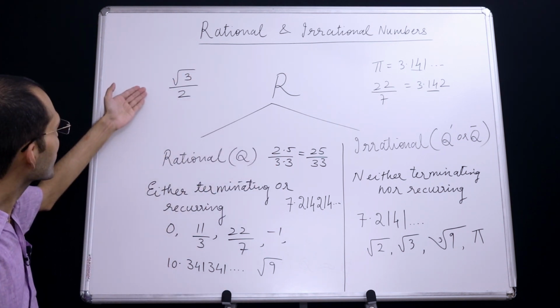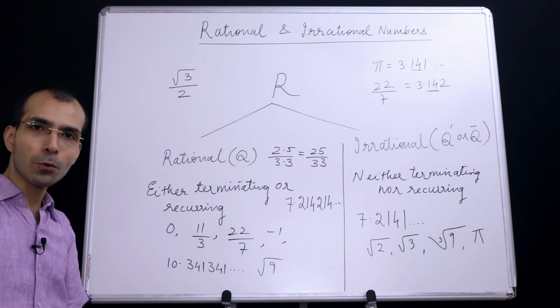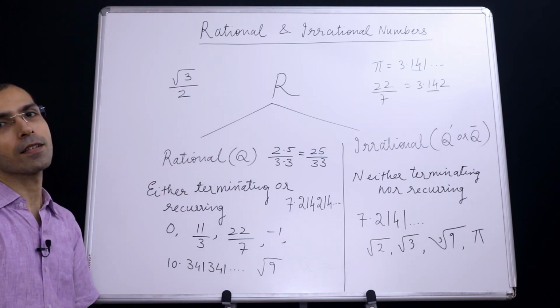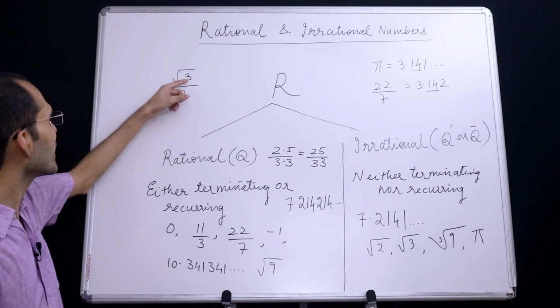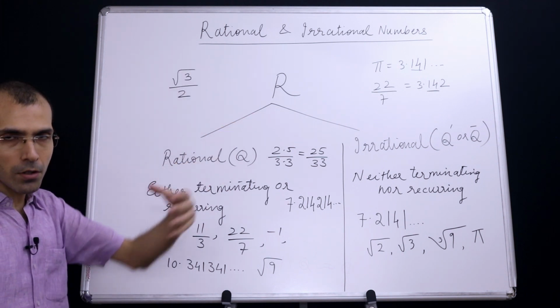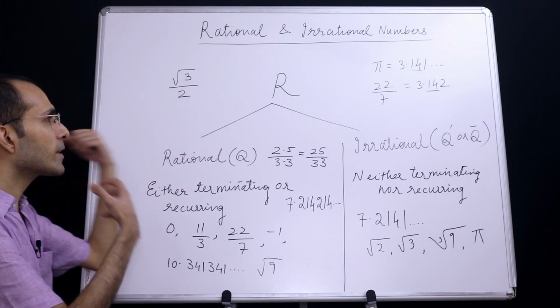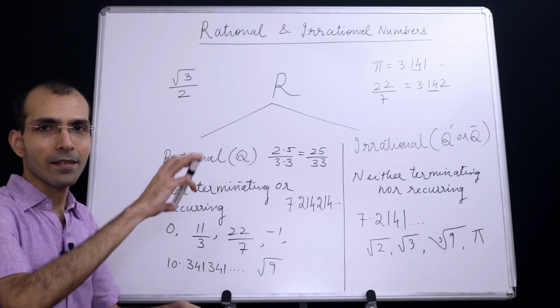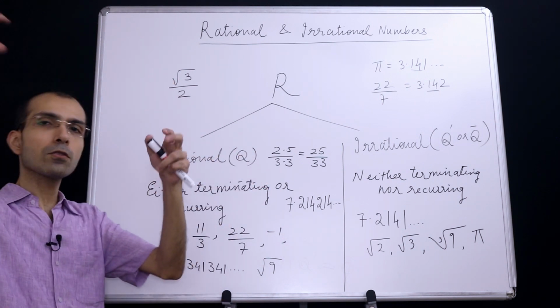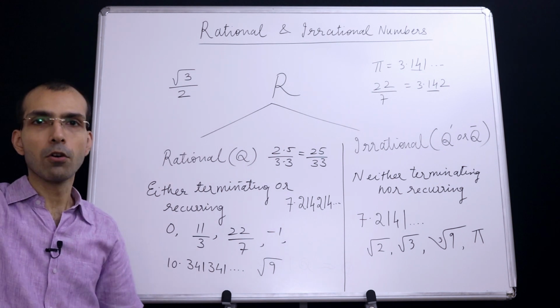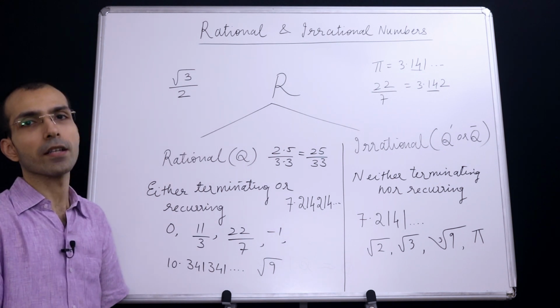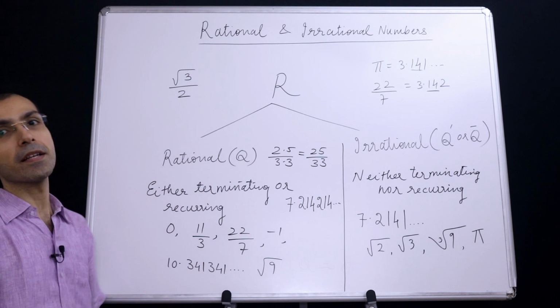When you try to find it on a computer, it neither terminates nor recurs. It will be 1.732 dot dot dot, it will go on.